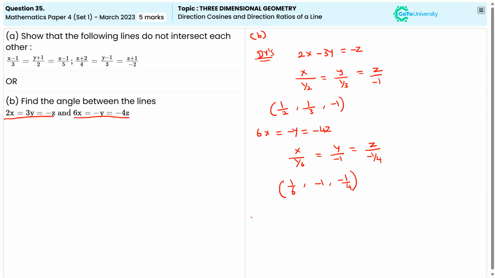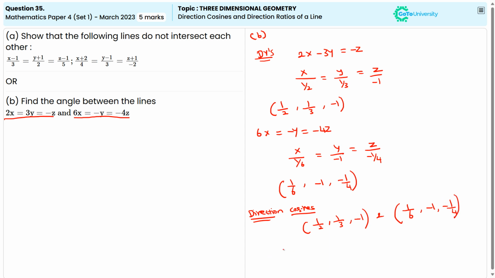Now direction cosines. The direction ratios of both the lines are 1 by 2, 1 by 3, minus 1 and 1 by 6, minus 1, minus 1 by 4.